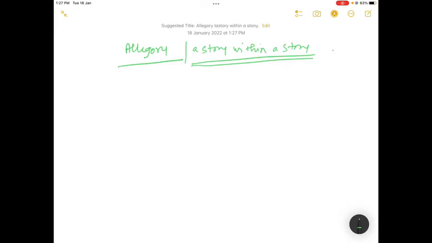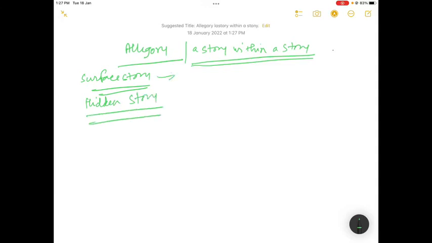In allegory, it has a surface story and one hidden story. There is one story which moves at the surface level of the writing, and then there is a hidden story, the message to be communicated by the writer.